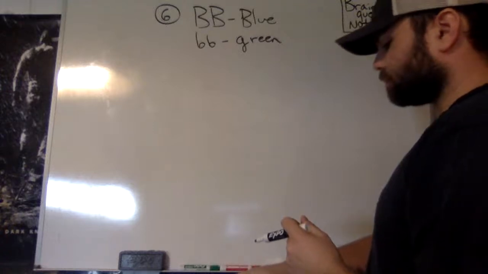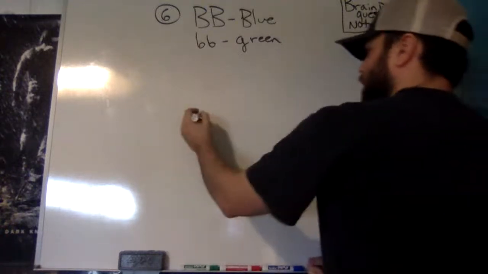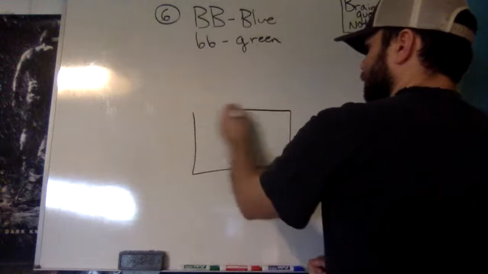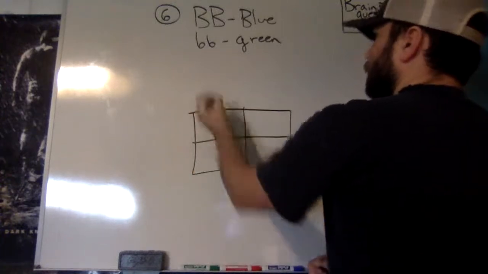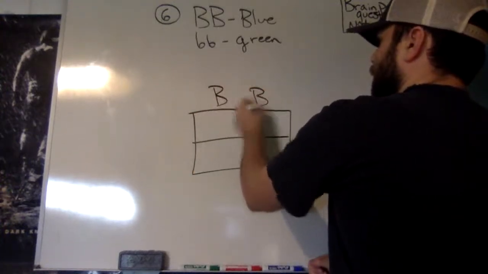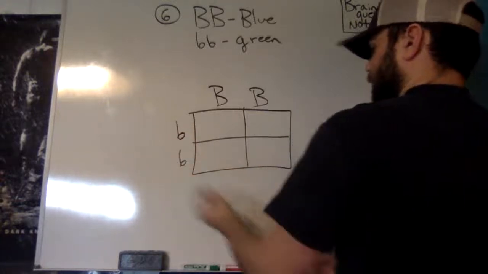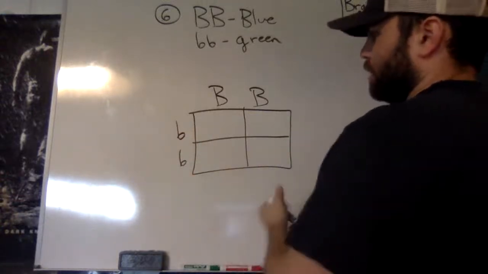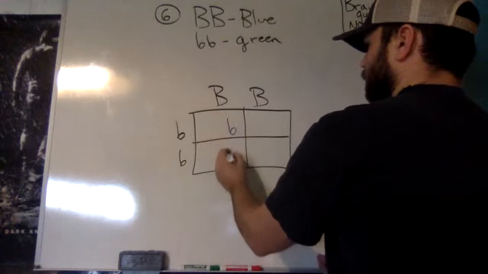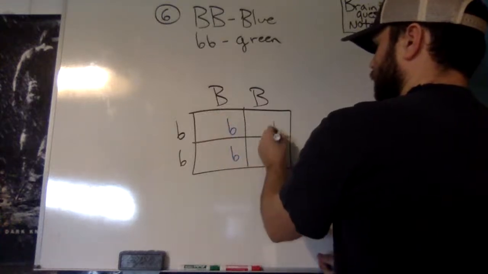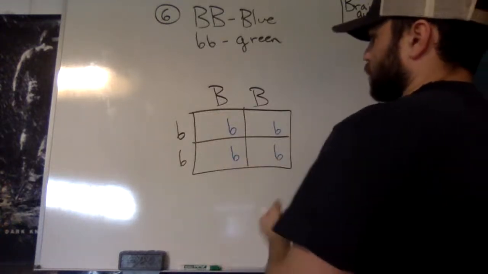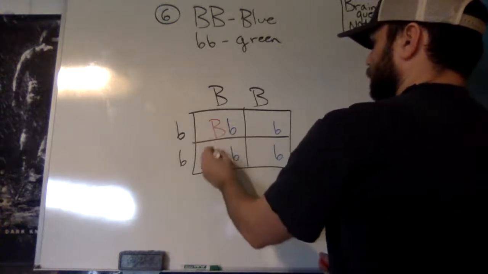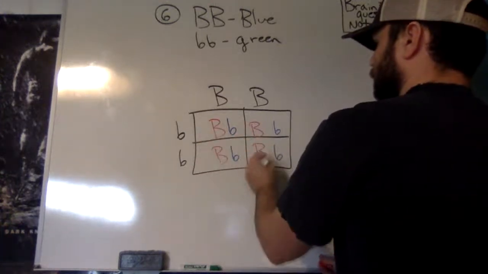So we got to do the Punnett square for this one. And we're going to put Squidward at the top. And we'll put his wife on the side. So we're going to bring his wife's stuff over. And then we're going to bring Squidward's stuff down. Okay?